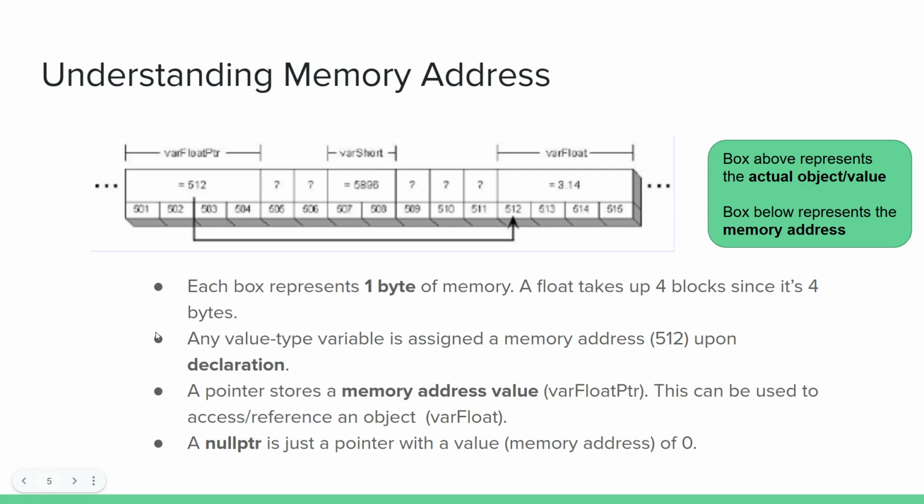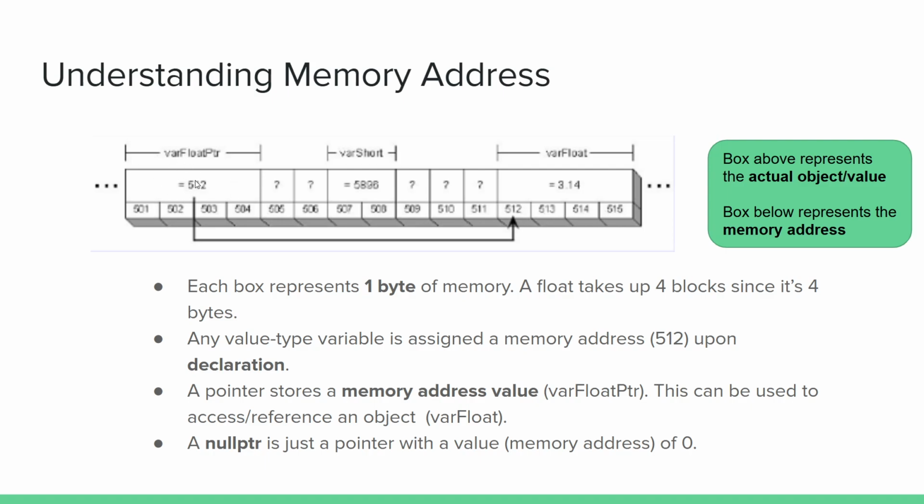Now, understanding memory address. This part medyo technical na to. Imagine each box represents 1 byte of memory. A float takes up 4 blocks because it takes up 4 bytes. You can search that. Float is 4, I think double is 8. I can't recall. Any value type variable is assigned a memory address, like this 512, upon declaration.